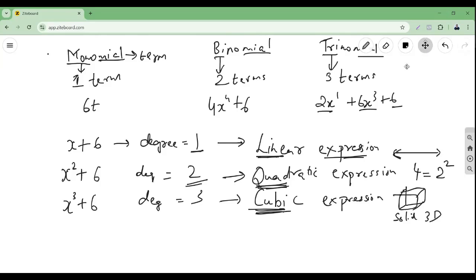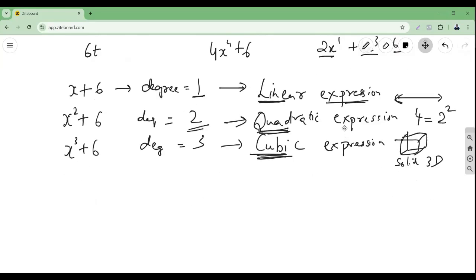Now let's learn the next thing about polynomial, which we will learn in the next video. In this video, we have learned linear, quadratic, cubic, all of these things. One more thing about expressions that we want to learn is variables, right?